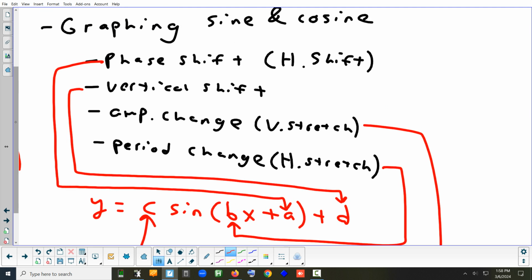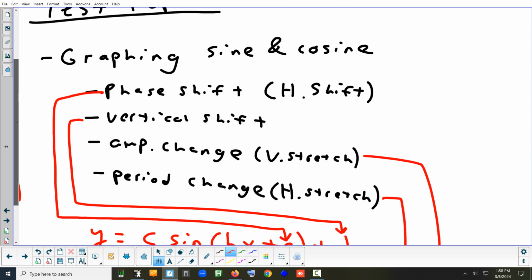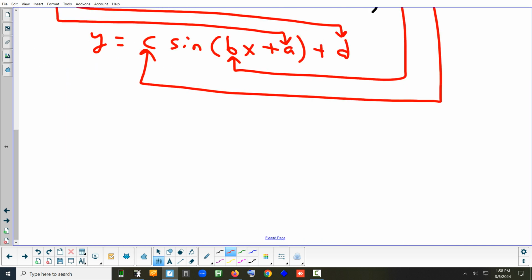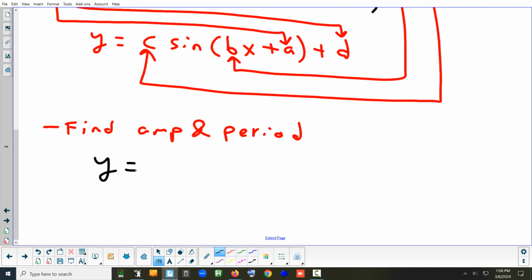So on the test, you'll have, I think it's 6 of these kinds of questions, doing the graph. And then the other thing is finding amplitude and period. So if I gave you something like 3 sine 2x plus 4. Now, we didn't talk about how to graph something that complicated because it's got multiple transformations.